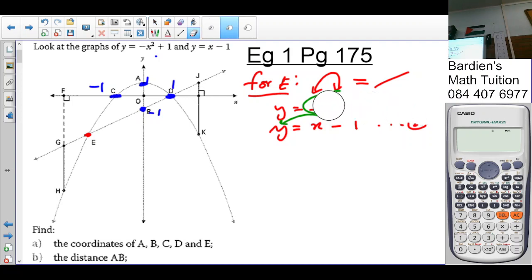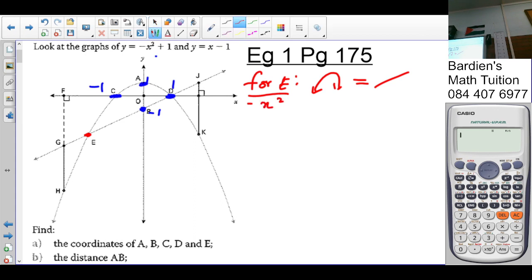So when we say the two graphs equal to each other, we are doing simultaneous equations. So that would give us negative x squared plus 1 is equal to x minus 1. Since it's quadratic, it becomes a quadratic equation. We'll solve for x now. We're taking everything to the right hand side. Could have taken everything to the left hand side, doesn't matter, then you would have to divide by negative 1 anyway.